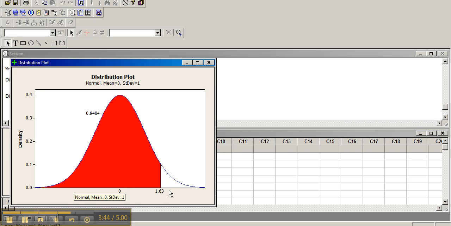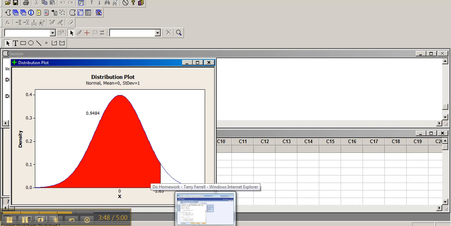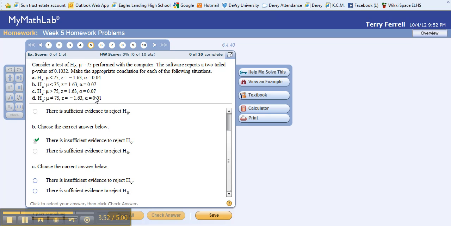It was like 0.05 something. So let's compare the 0.05 to my alpha value, and I have 0.07 this time. Remember, in this case, my p is less than the alpha value, so therefore you're going to reject the null and you have sufficient evidence.